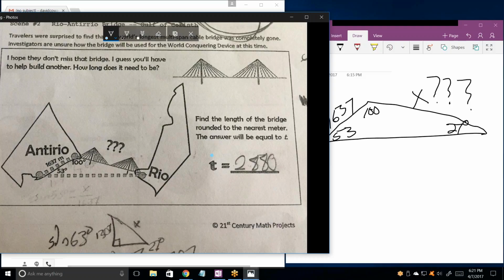Now, it doesn't say anywhere in here how to round it. Oh, yes it does. It says round to the nearest meter. So, in the middle of the question, make sure you round to the nearest hundredth of a meter, and then round off at the end, and you'll always be safe doing that. Right.